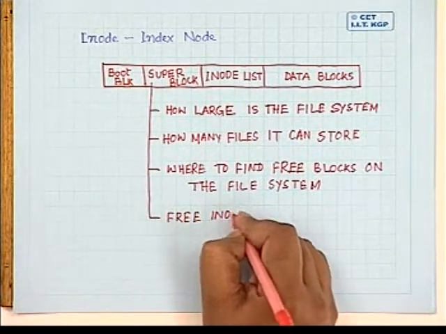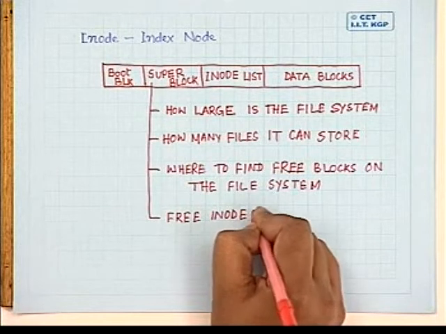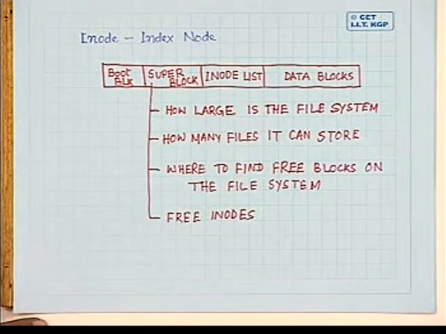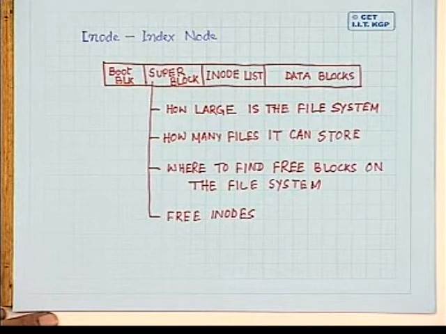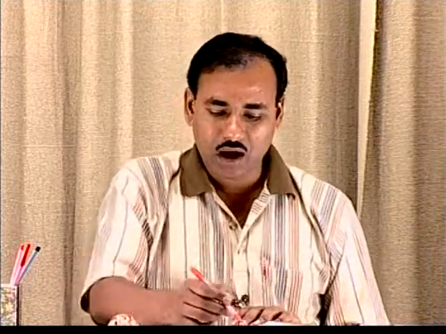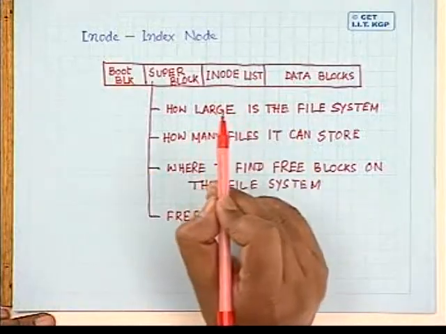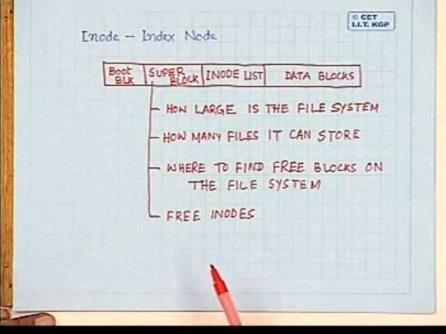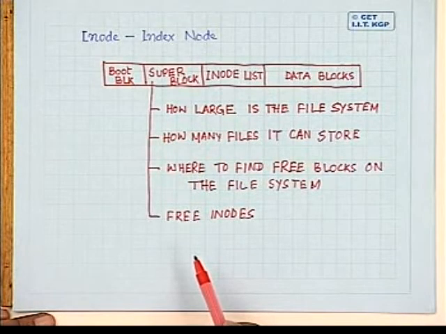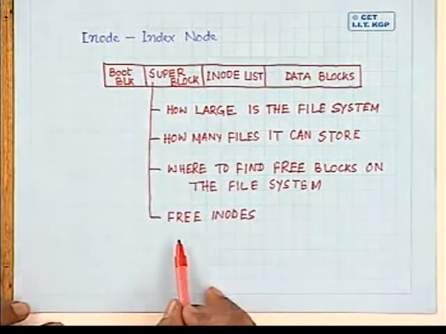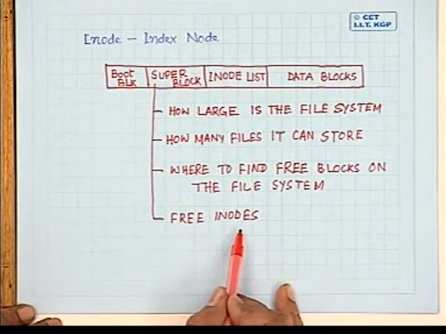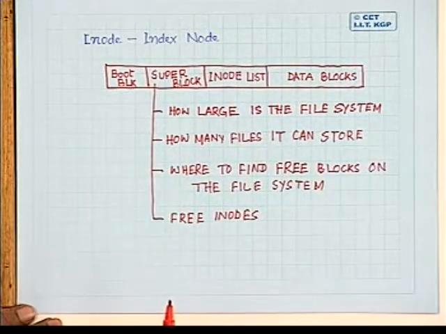Because as I said, for every file or for every directory, we have to have a particular inode. So whenever we want to create a new file or a new directory, then out of the inodes which are free in the inode list, one of the inodes has to be allocated to the file or to the directory. Okay. So the superblock also contains information about what the free inodes on the inode list are.